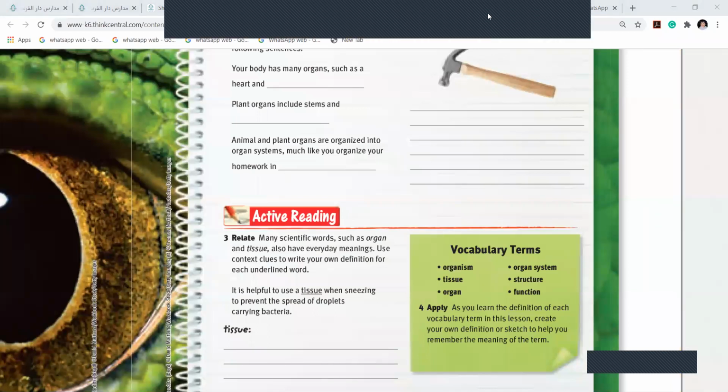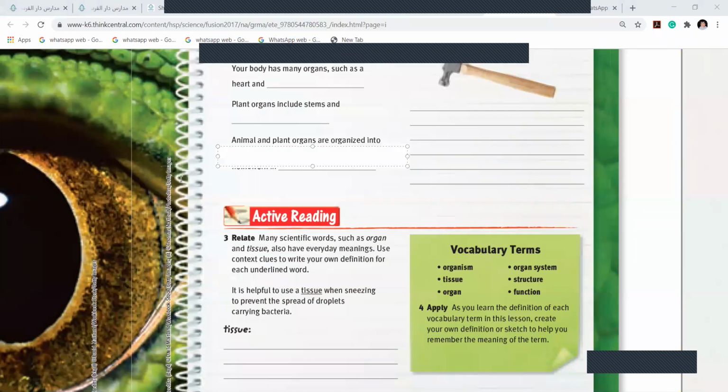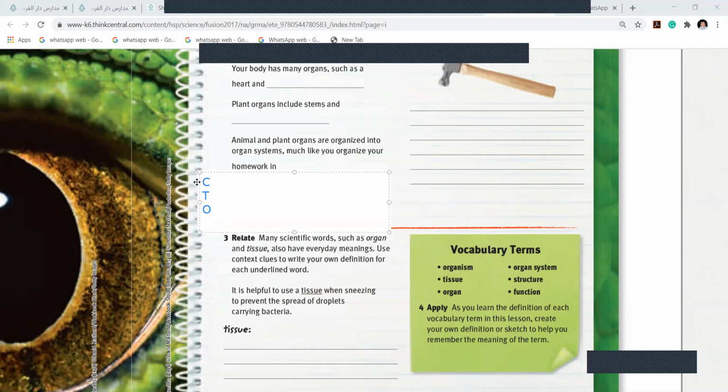You can remember this lesson, girls. You need to know that it is about cell, tissue, and then organ, and then organ system. Cells combine to form tissues.